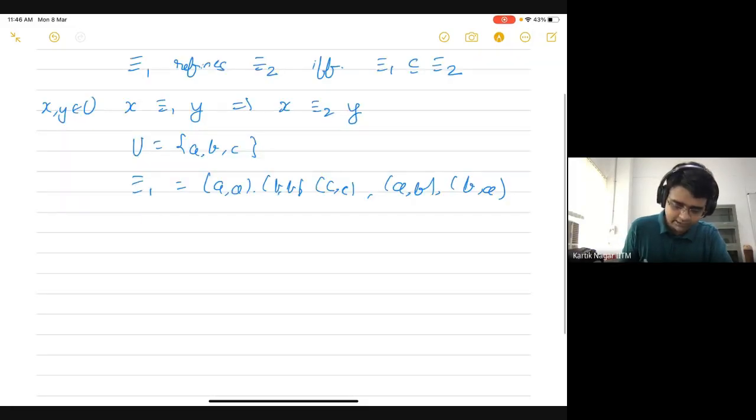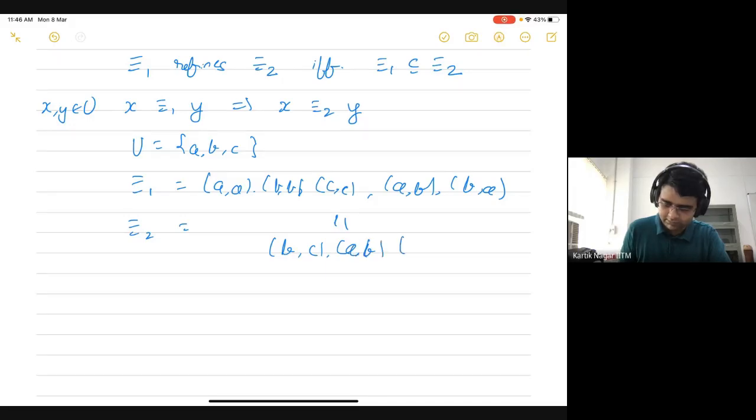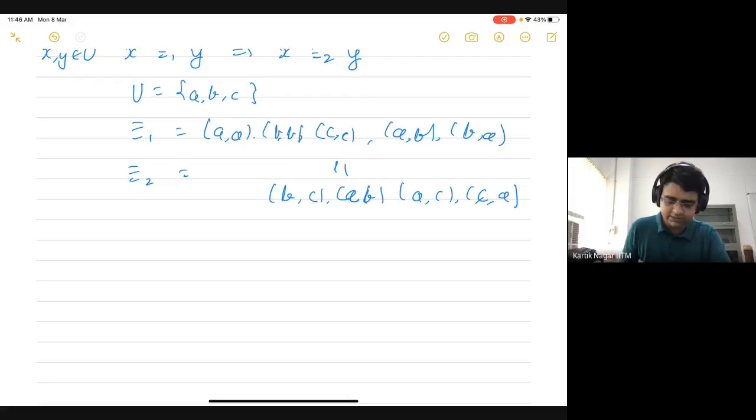While relation two, I define as the same, so it consists of these elements, and in addition, it also consists of the elements BC, CB, AC, and CA. So in this case, relation one refines relation two, so relation one is a subset of relation two.